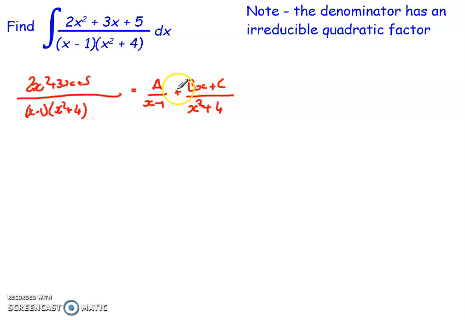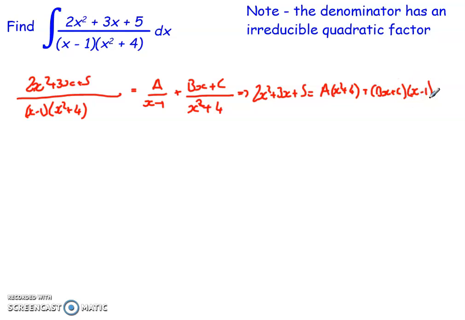Same drill as before, multiply by the denominator over here to get rid of the denominators on the right hand side, and what we end up getting is 2x squared plus 3x plus 5 equals a bracket x squared plus 4, plus bracket bx plus c times the x minus 1.